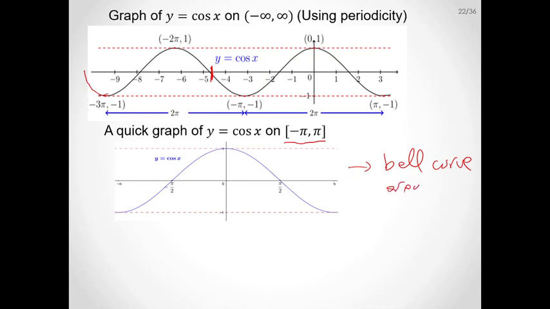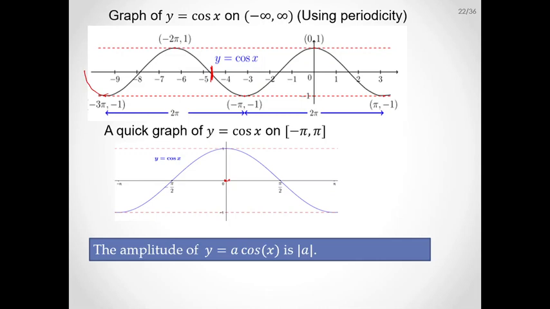So it goes up to 1, and the ends are going down. And as I said earlier, this is the main difference between cosine and sine. Cosine 0 is 1 here, but sine 0 is 0. Sine always passes through the origin.